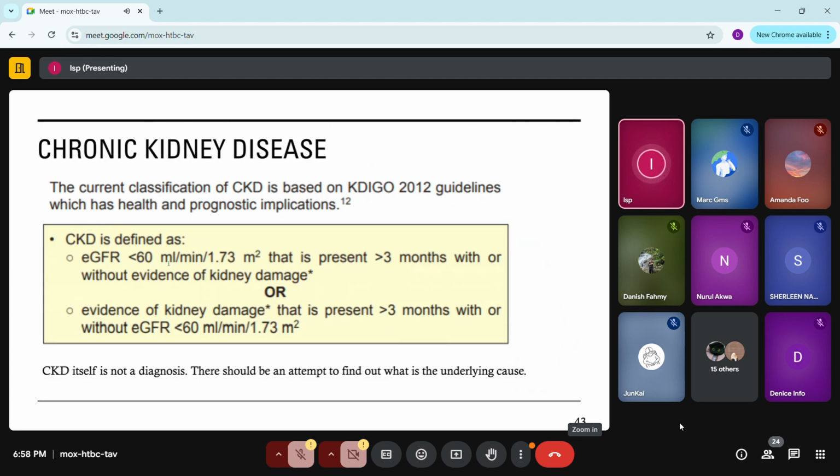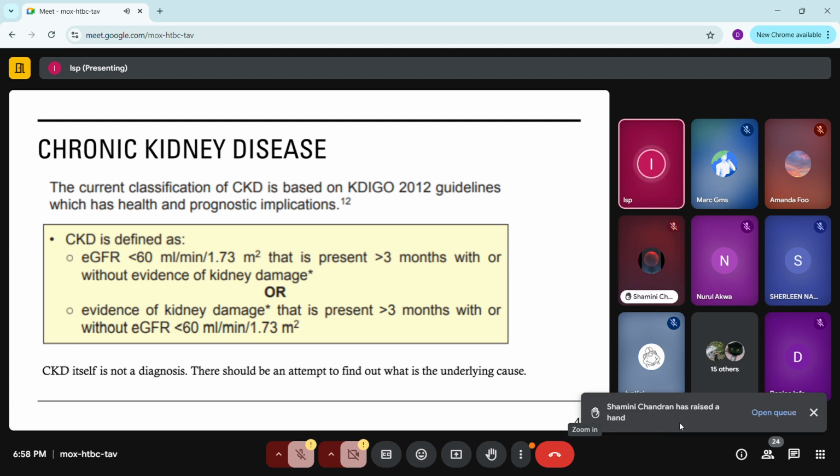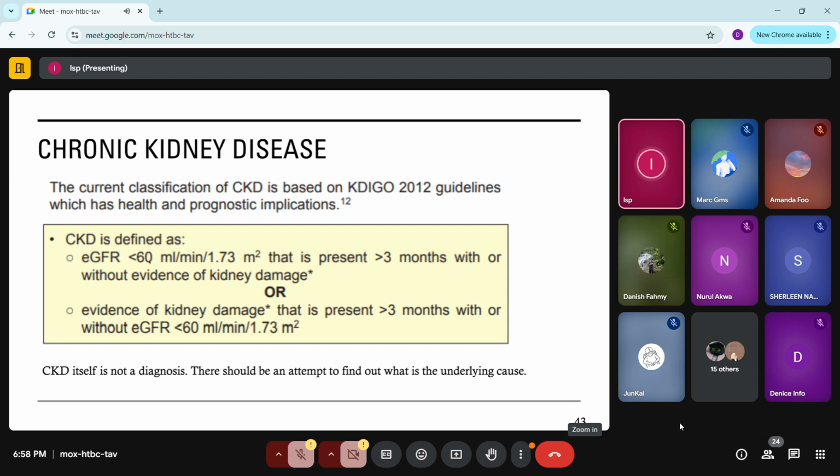Okay, then we move on to chronic kidney disease. So how do we define chronic kidney disease? We take a cutoff of eGFR less than 60 that's present for more than 3 months, with or without evidence of kidney damage. So the cutoff usually is an eGFR of 60.